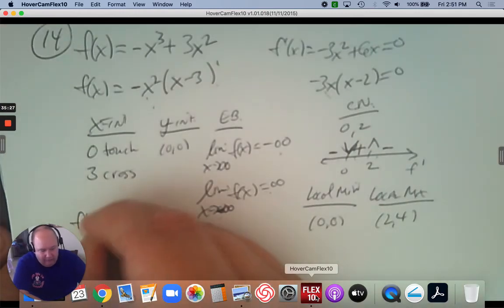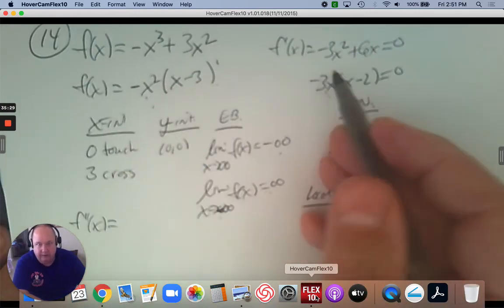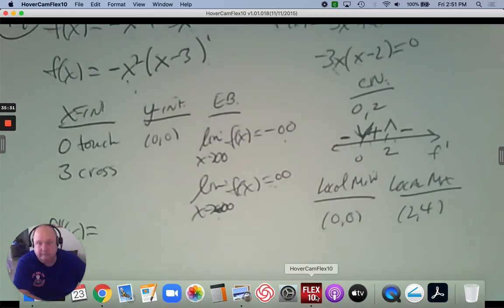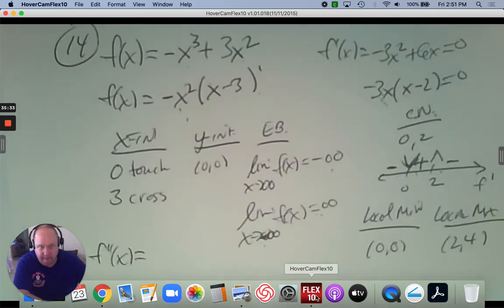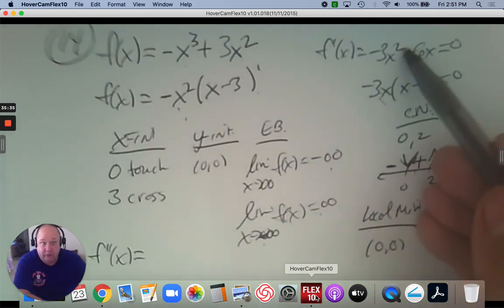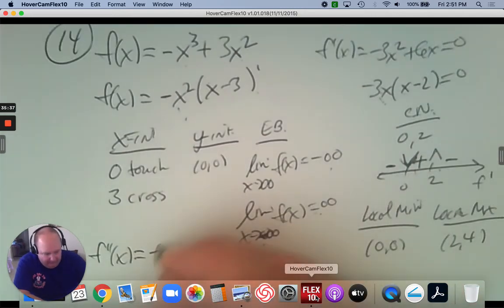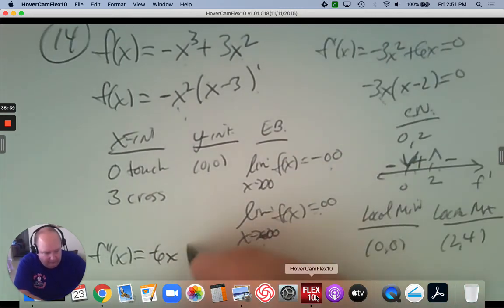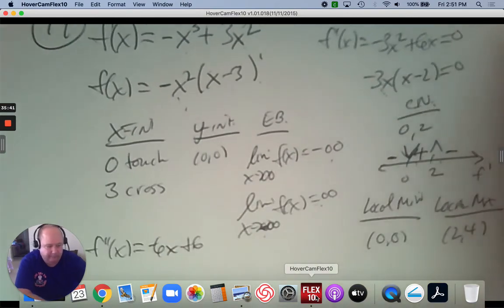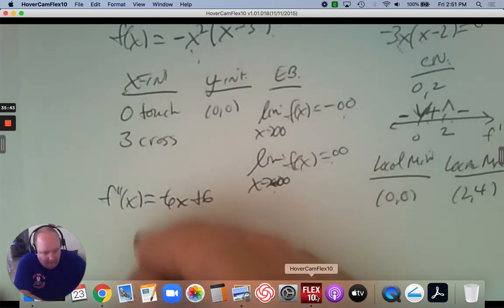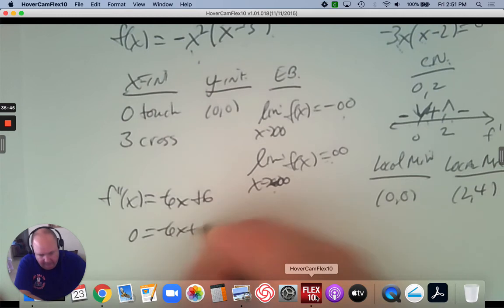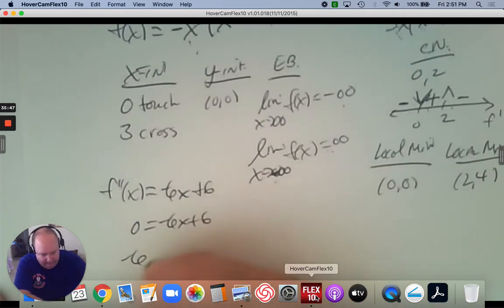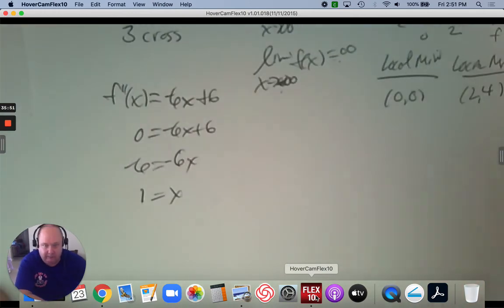Take the derivative a second time. So 2 times negative 3, that's negative 6x plus 6. Make it equal to 0. Solve it. When I divide, I get the only critical number is 1.